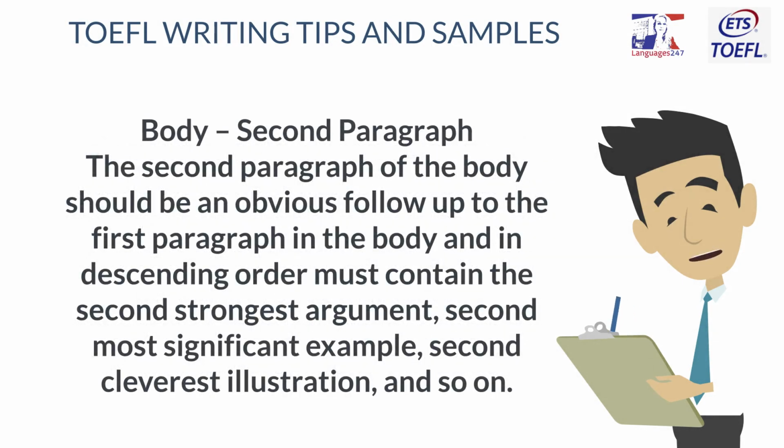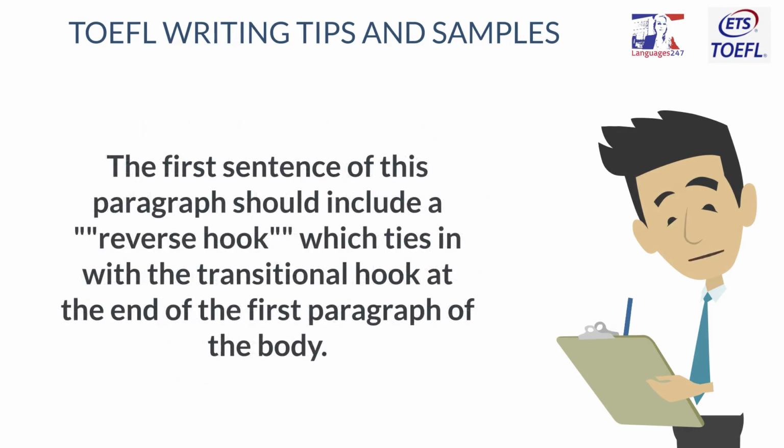Body, second paragraph. The second paragraph of the body should be an obvious follow-up to the first paragraph in the body. In descending order, it must contain the second strongest argument, second most significant example, second cleverest illustration, and so on. The first sentence of this paragraph should include a reverse hook which ties in with the transitional hook at the end of the first paragraph of the body.